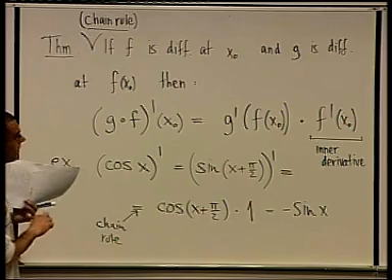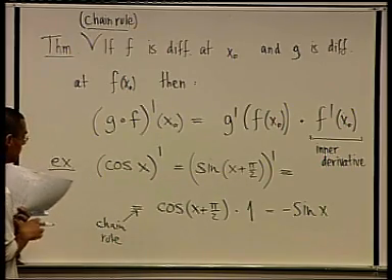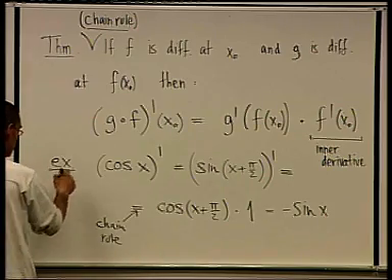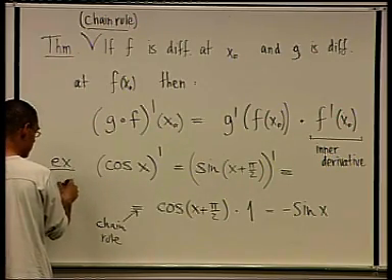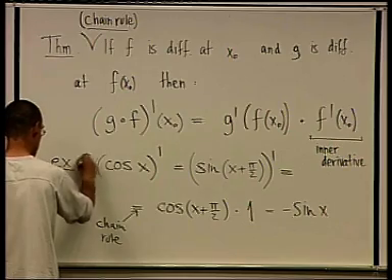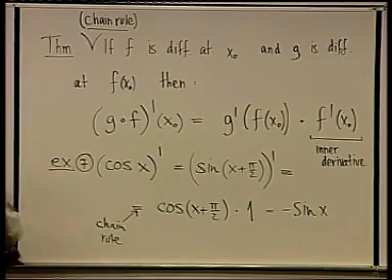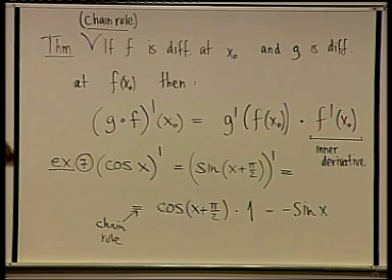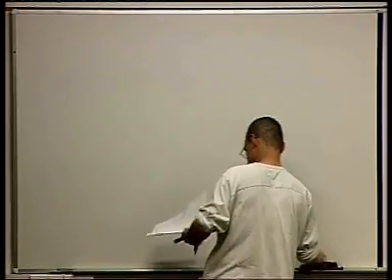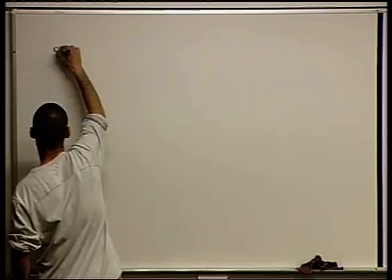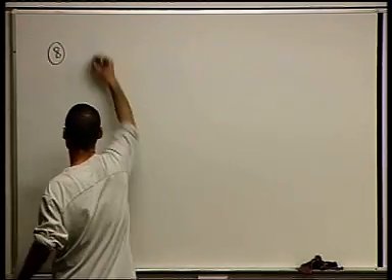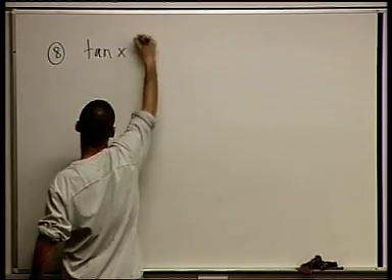Here's another example. So I stopped enumerating our examples today. What example was this? We had like 5 positive ones, and then we had the other. This would be 7, right? Example 7. And let's call the next one example 8. Example 8, suppose I want to take the derivative of tangent of x.